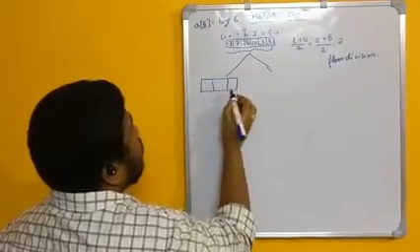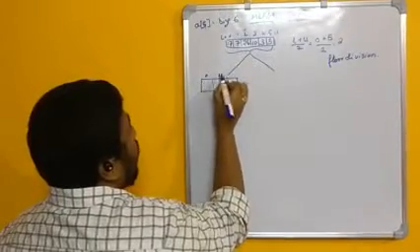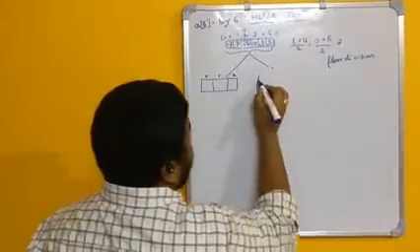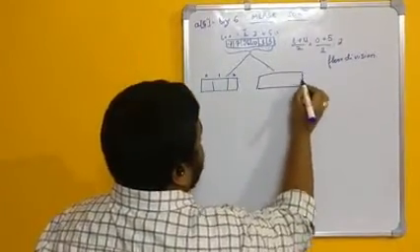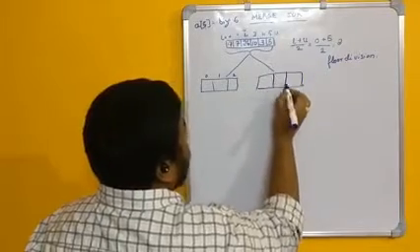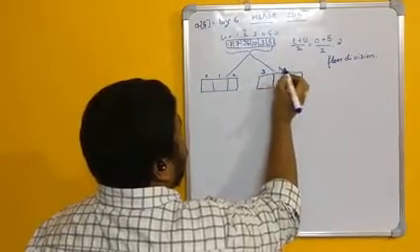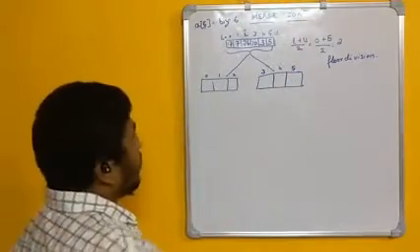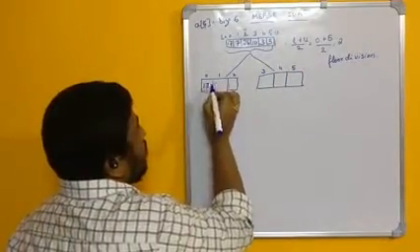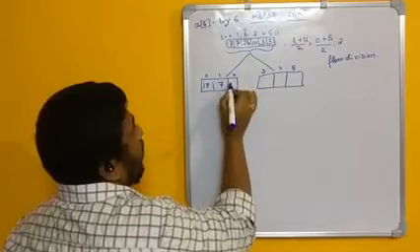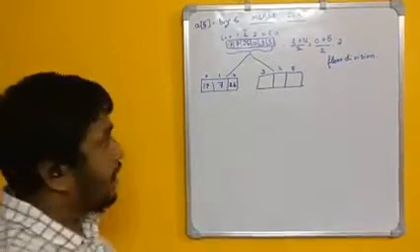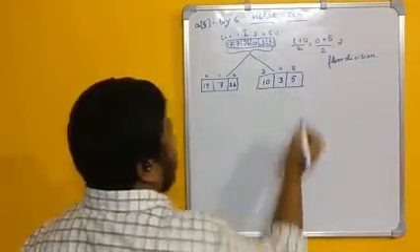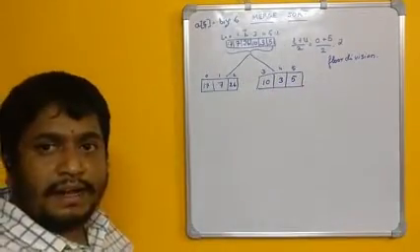Our mid is 2, so indices 0, 1, 2 form one array, and from mid plus 1, indices 3, 4 and 5, form the second array. So 70, 7 and 26 is our first array, and 10, 3 and 5 is our second array.